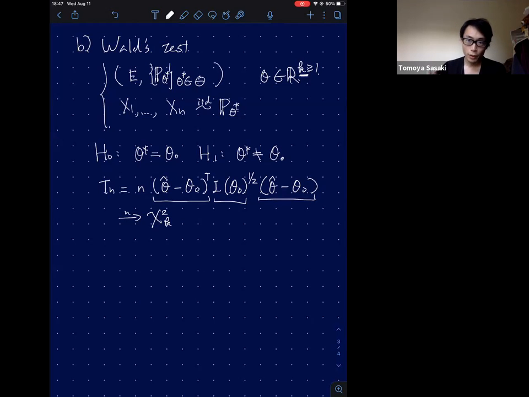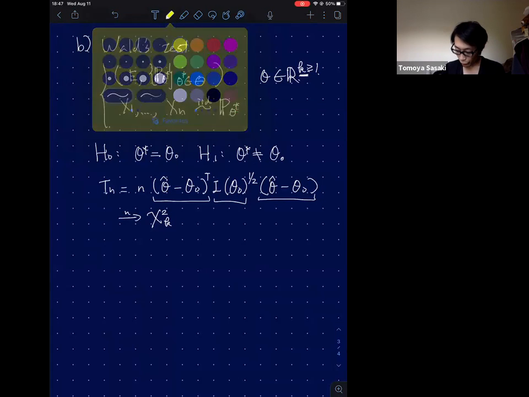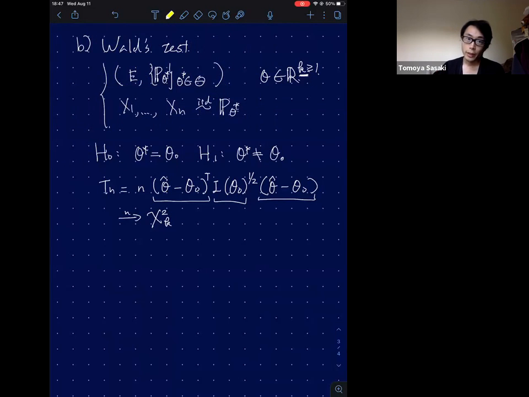As I just mentioned, and from the question we had from Nicholas, if we construct the test statistic like this, we get a very convenient distribution, a chi-square distribution with degrees of freedom k.